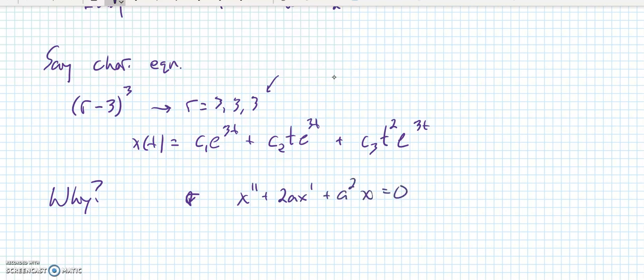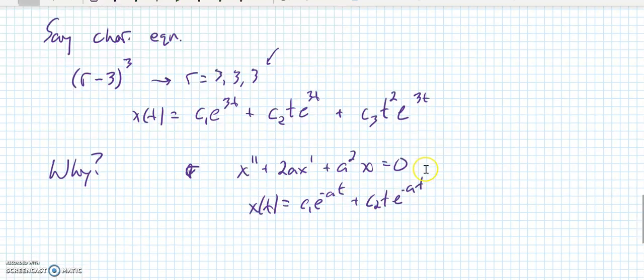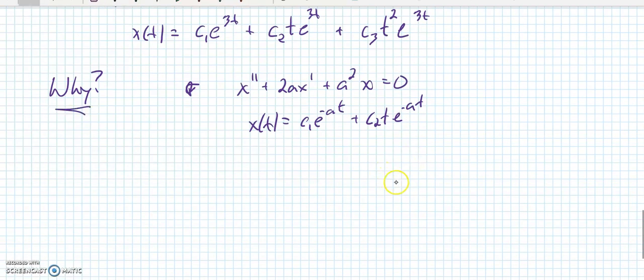I could prove to you that the solution to that thing would be x of t is c1 e to the negative a t plus c2 t e to the negative a t. I just tack this t on. I could prove to you that that's true, but that doesn't really help me understand why. I will show you why here, or at least give you an intuitive reason as to why.